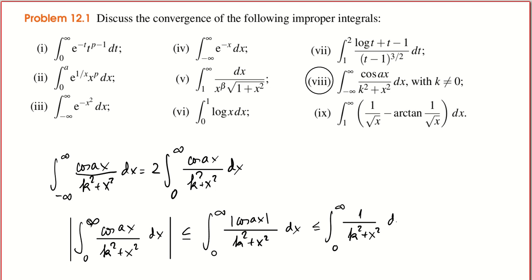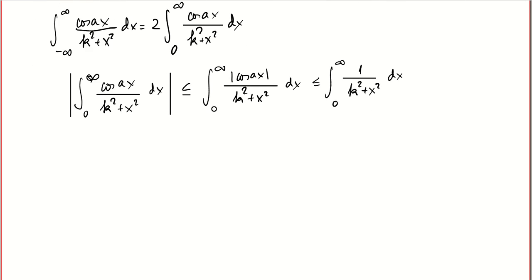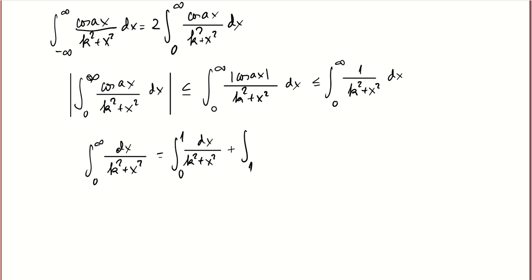So you get this upper bound for the absolute value of this integral here, all right? Okay, then we have to analyze the behavior of this integral here. But this is easy to analyze because on the one hand, we can just split this integral in two. We can just say that this is the integral from 0 to 1 plus the integral from 1 to infinity.